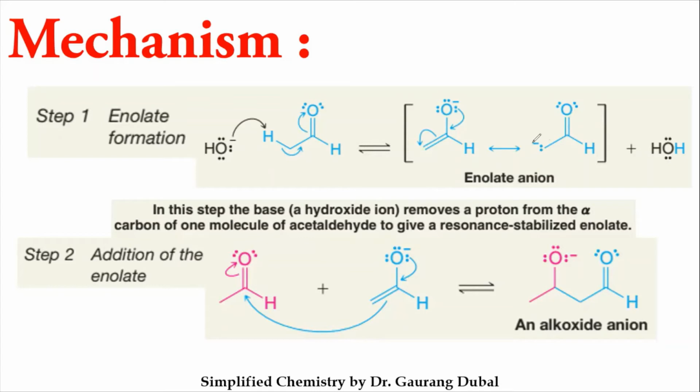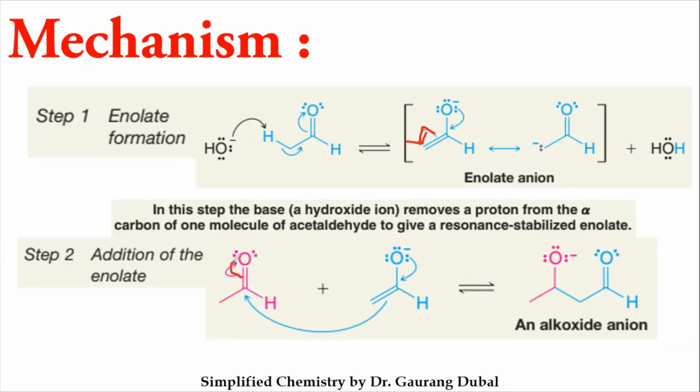You can see the double bond is here, but if you break it, the electron will shift here, will create a negative charge and the formation of carbonyl, right? So formation of carbonyl, negative charge here, it is having a pair of electrons. That will be donated to the positively charged carbon.